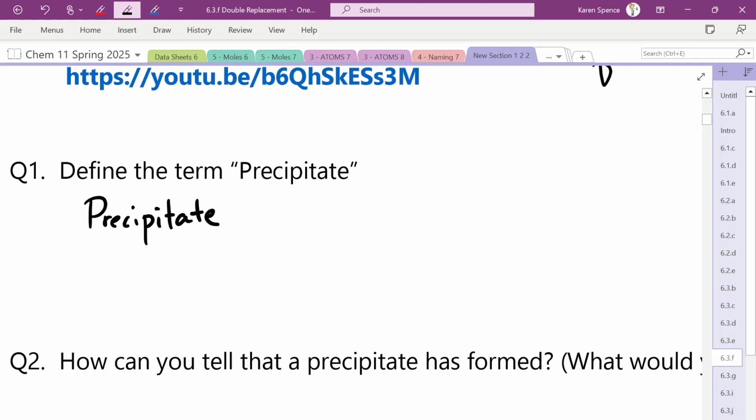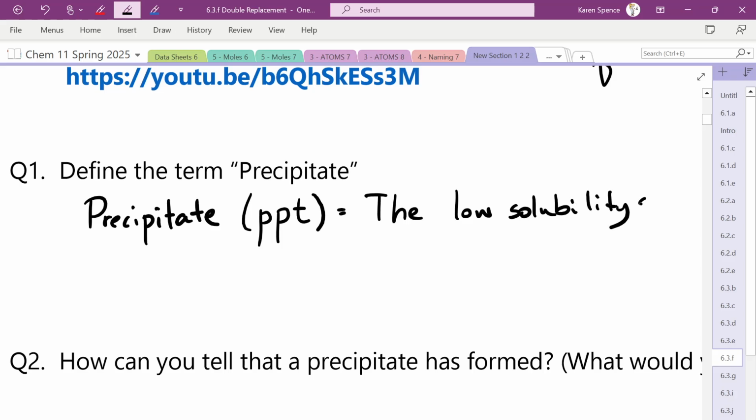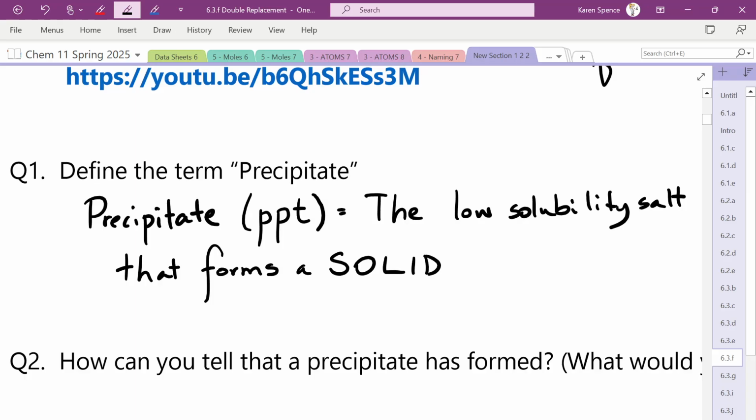And I'm going to show you, because that's a long word and we write it a lot of the time, you can abbreviate it as PPT. Okay, precipitate is PPT. And the precipitate is the low solubility salt that forms a solid in a double replacement reaction.